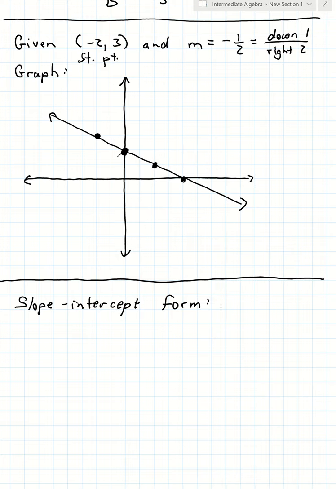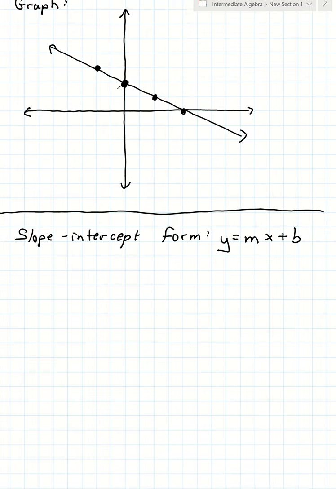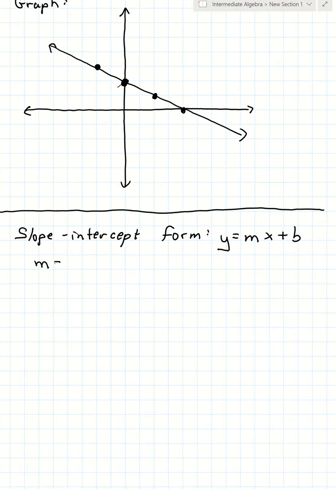Slope-intercept form looks something like this. y equals mx plus b, where m is the slope. But we also have another piece of information in the problem, and that is 0, comma b. And that is your y-intercept.